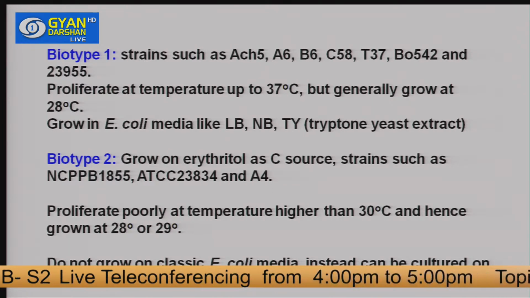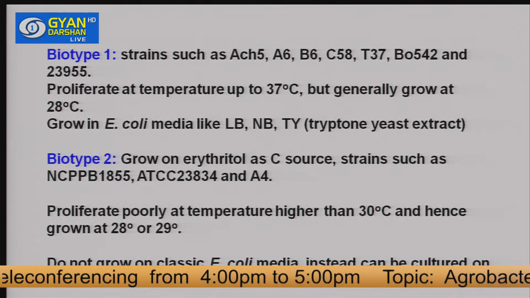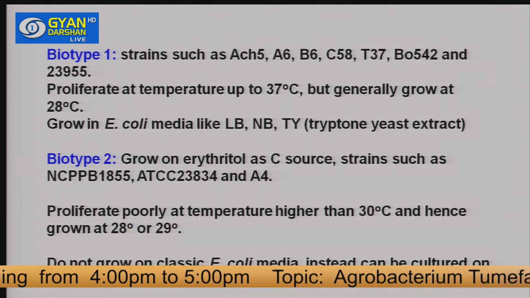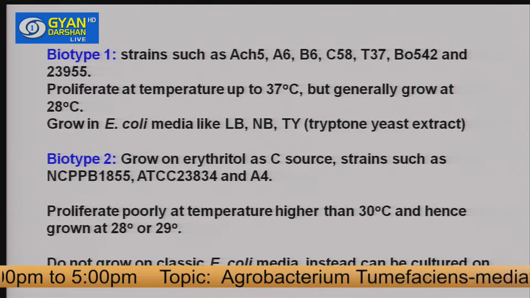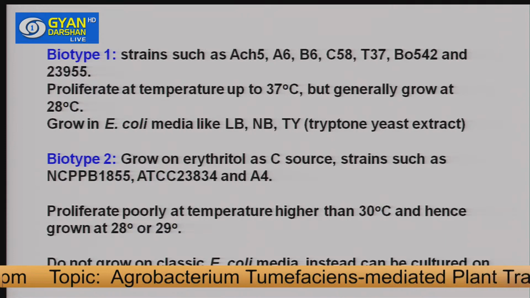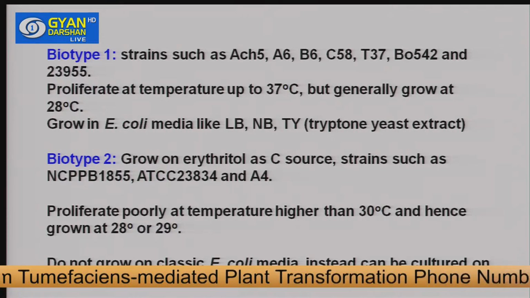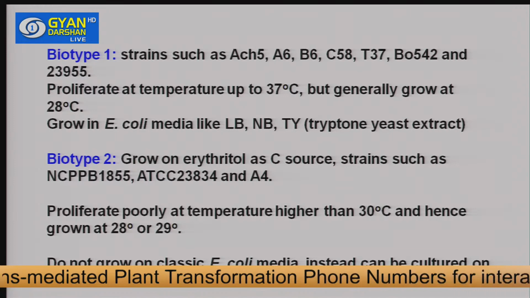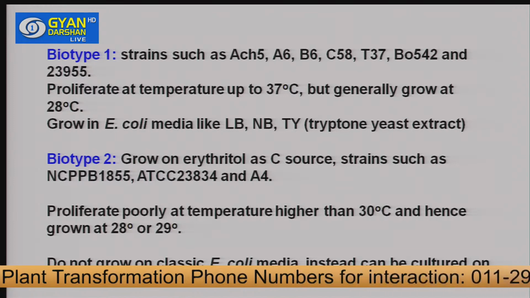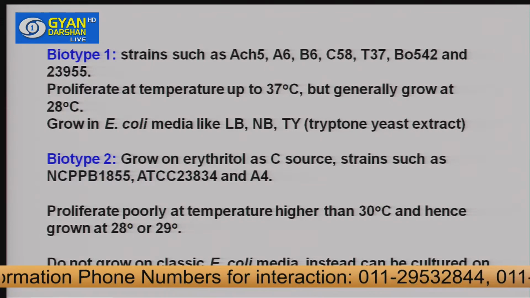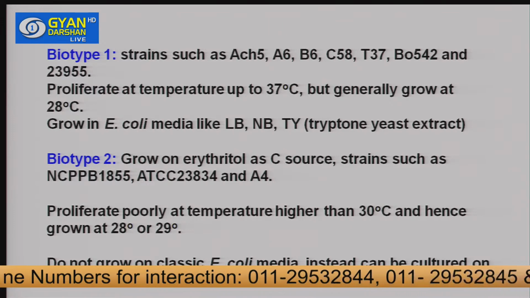Now, in case of biotype 2, they have a different requirement. They grow on erythritol as a carbon source. And such strains, like NCPPB 1855, A4, etc., normally proliferate poorly at temperatures higher than 30 degrees centigrade.